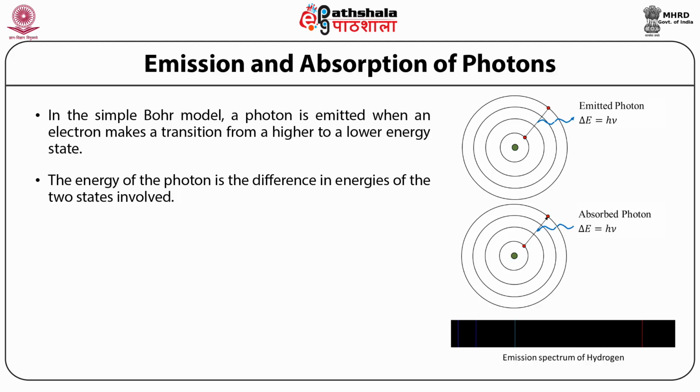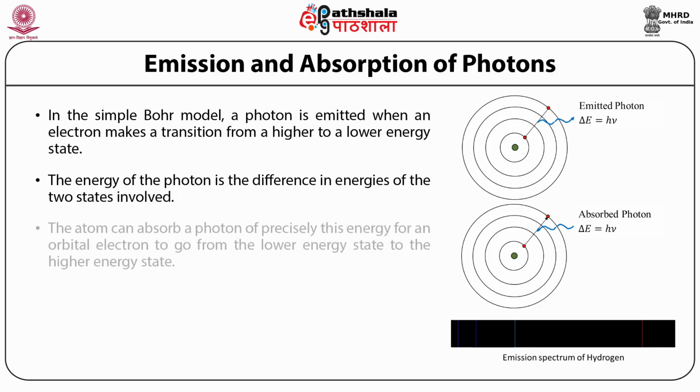Now consider a large assembly of atoms. In this case, the energy levels will coincide. The atoms can absorb a photon of precisely this energy for an orbital electron to go from the lower energy state to the higher energy state.